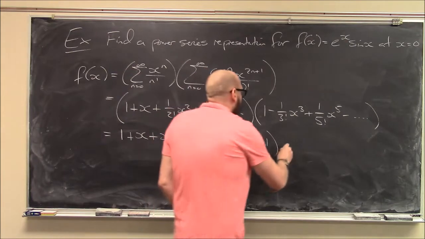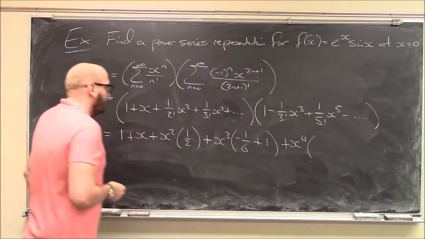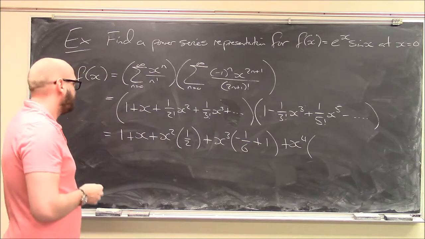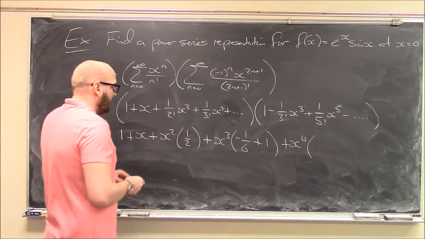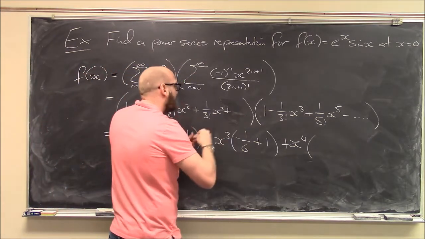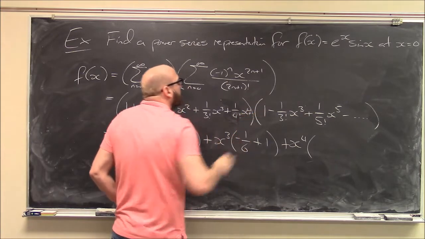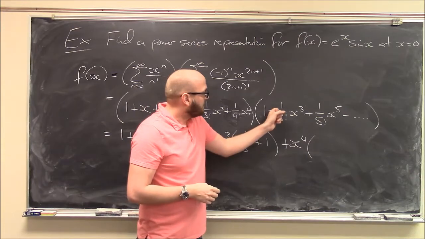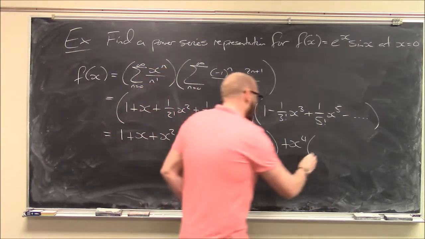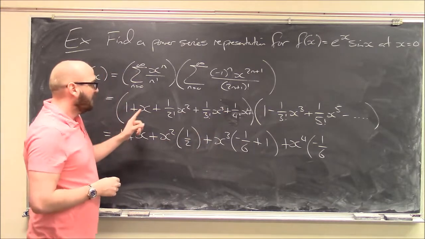Can I get x to the 4th terms? How do I do this? Oh, I haven't written it here. How about I expand this just a little bit? 1 over 4 factorial x to the fourth plus dot dot dot. Okay, x to the fourth. I could do x times minus 1 over 6 x cubed, so minus 1 over 6 x to the fourth from that multiplication.